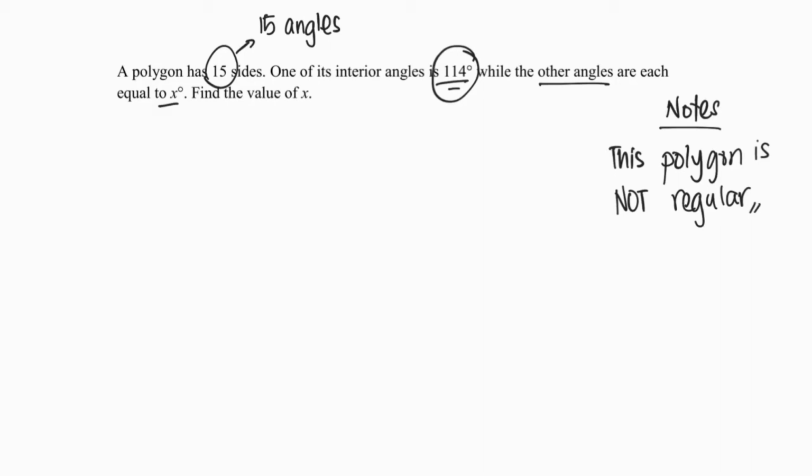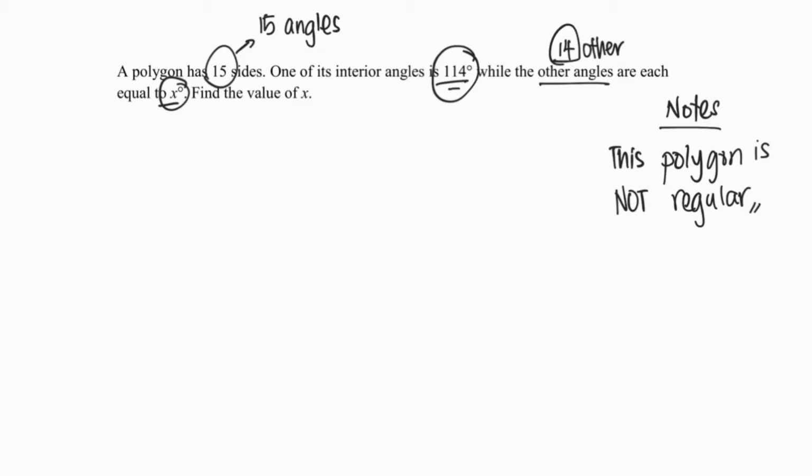So how many other angles are there? 14 other angles. Okay? So there are 14 other angles, each is x. That's why when I find the interior angles later, you will see me having a 14 times x.